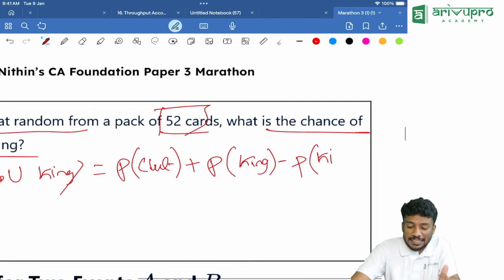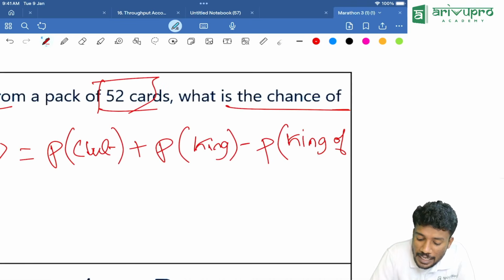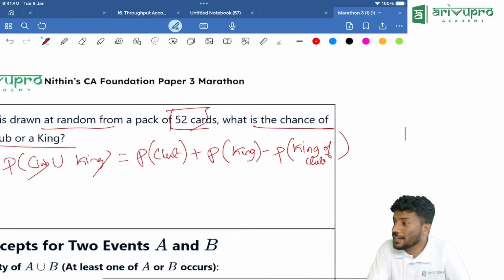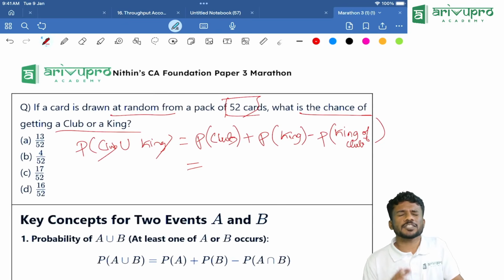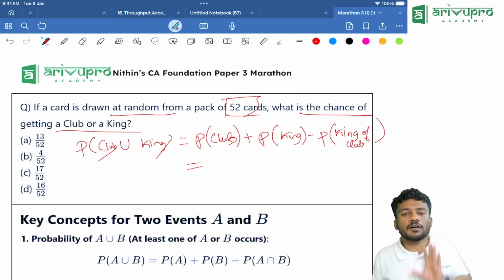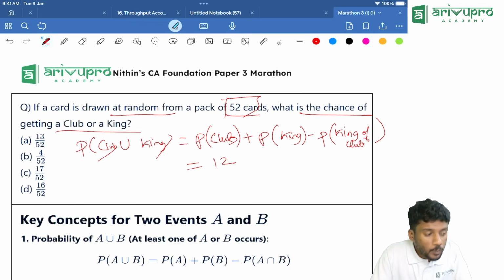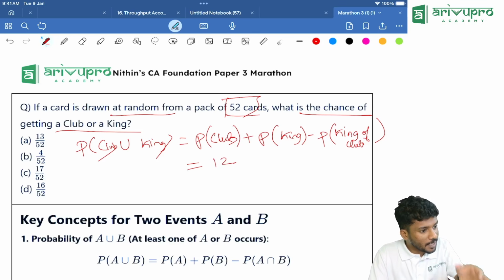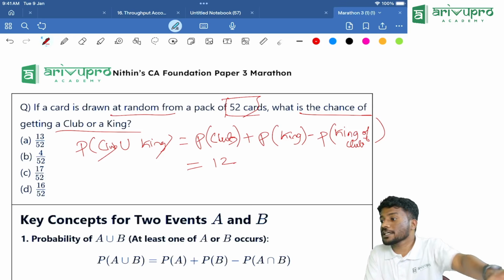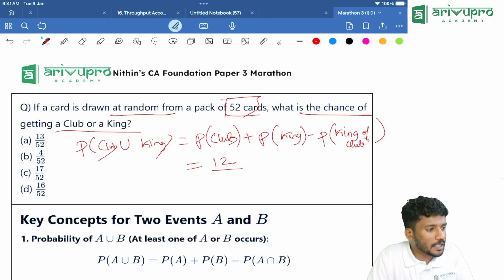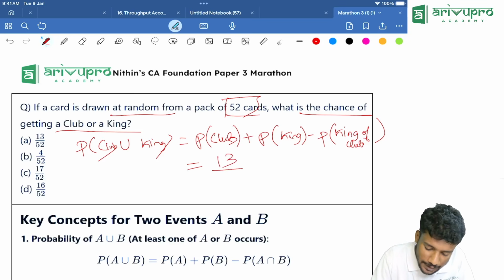What do you mean by that? That is the king of clubs. Now, how many clubs are there? What is the probability of getting a club from a deck of cards? A deck has hearts, diamonds, spades and clubs, so 13 clubs. So 13 by 52 plus how many kings?